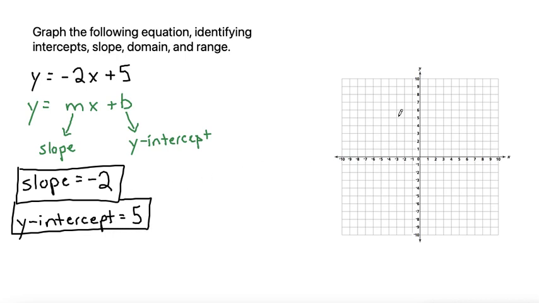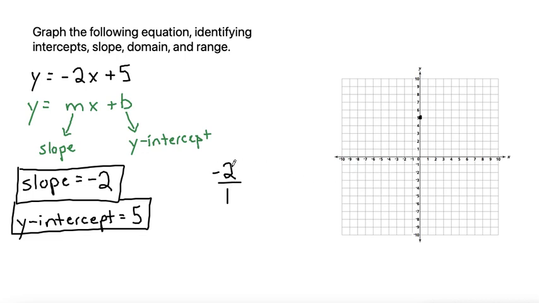So when I'm graphing an equation like this, I like to start with my y-intercept. So we'll find 5 on the y-axis, right here. And then using our slope, there are different ways to do this type of problem, but one way is to start by graphing the y-intercept, and then using our slope as a fraction. We can write our slope as negative 2 over 1, because you can write any whole number over 1 to write it as a fraction.